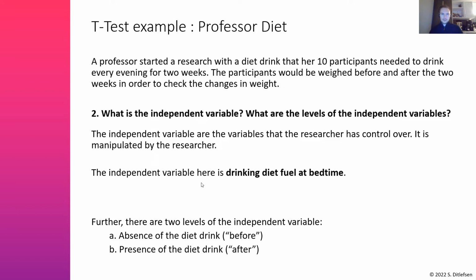The independent variable here is drinking the diet drink at bedtime. And the levels of the independent variable are before and after. Further, there are two levels of the independent variable: 1, absence of the drink before, and 2, presence of the drink after.